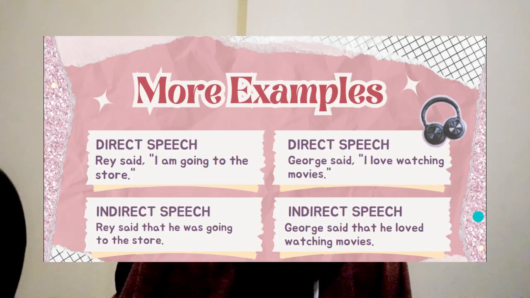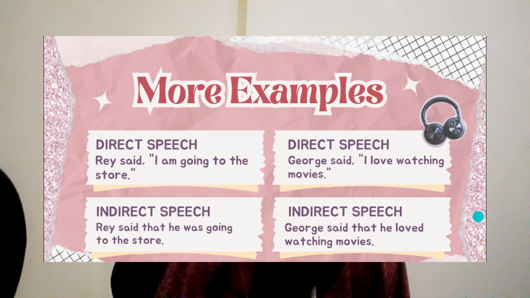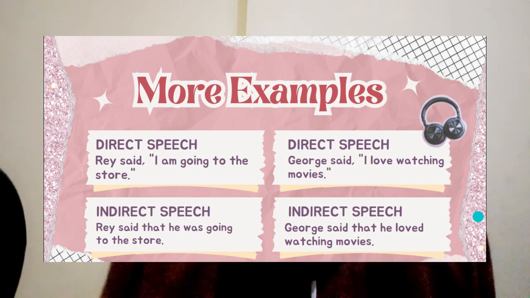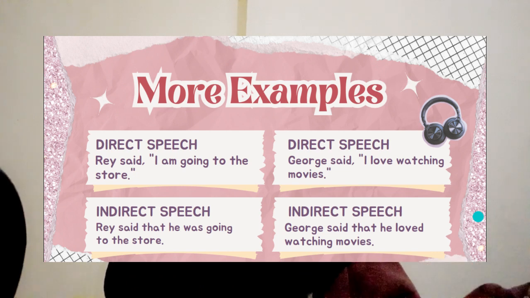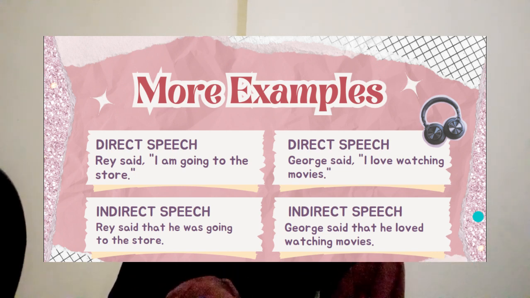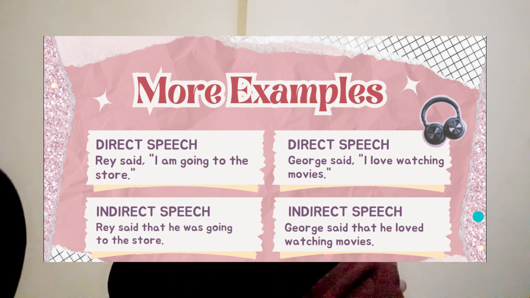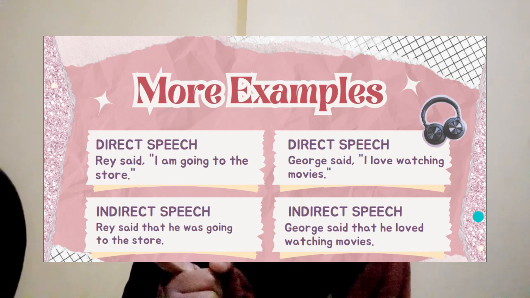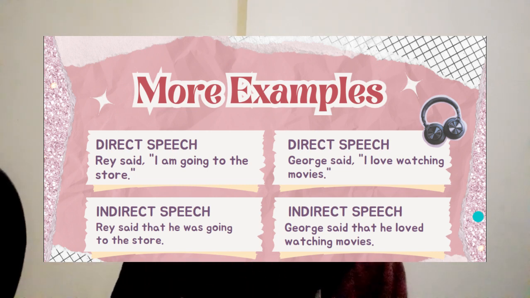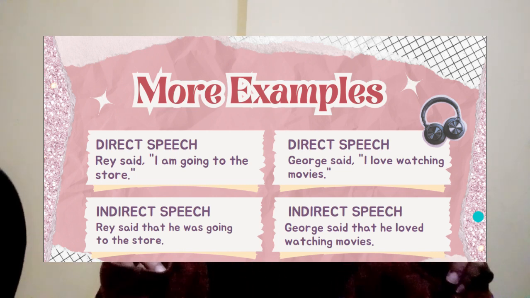For example, you can see here, direct speech, Ray said, "I am going to the store." Using quotation marks because it's direct speech. And in indirect speech, Ray said that he was going to the store. He was going to the store. Another example, George said, "I love watching movies."